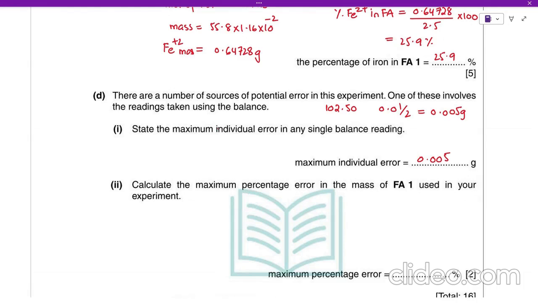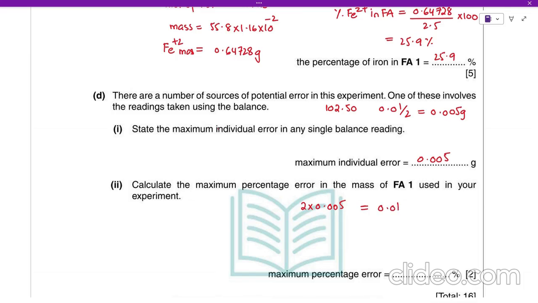So we took the mass two times, because one time of the container, and second time of the container together with the FA1. So it will be 2 times 0.005. So the uncertainty here will be 0.01.